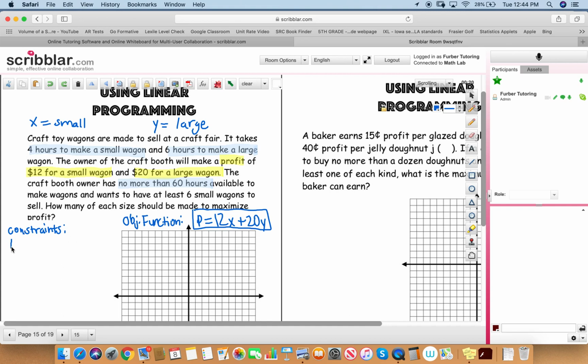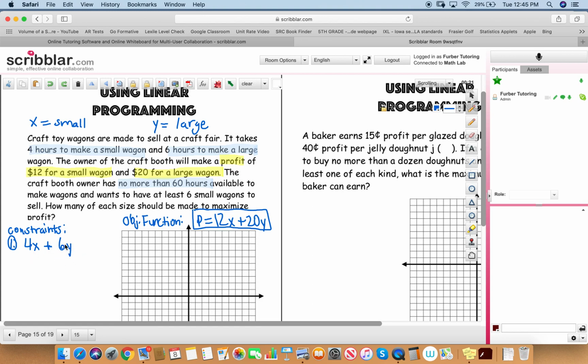So the first constraint is going to be that the total amount of time it takes to make the small wagons and the total amount of time it takes to make the large wagons cannot exceed 60 hours. So 4 hours per small wagon is 4X, plus 6 hours per large wagon is 6Y.